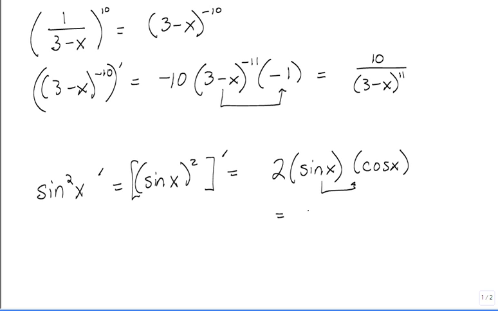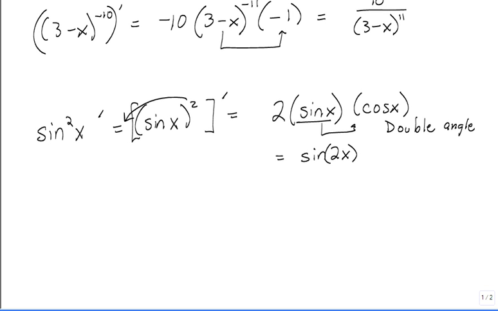If you notice, that's a double angle formula for sine, so that's the same as sine 2x. Double angle formula. So I brought the power down, left the inside alone, subtracted 1, and came back and took the derivative of the inside, which is cosine. Derivative of sine is cosine.